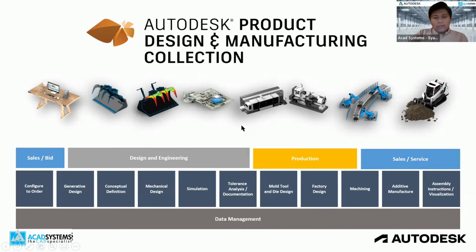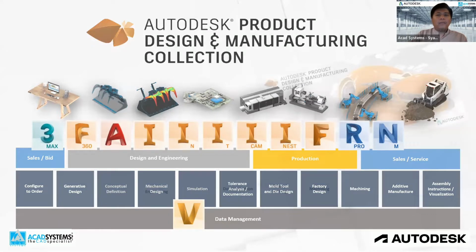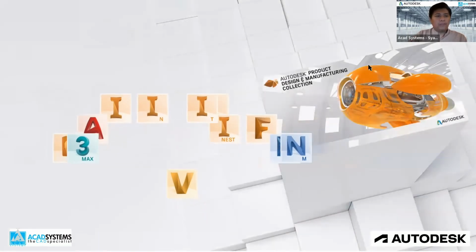After that, on the production side, you can do CNC and laser cutting, and you can also use this bundle. After that comes sales and service, to check clashes and make presentations easily. This whole workflow can be done using only the PDMC.